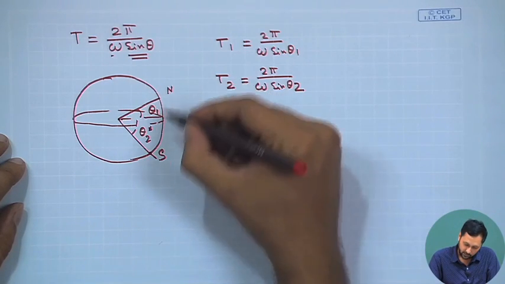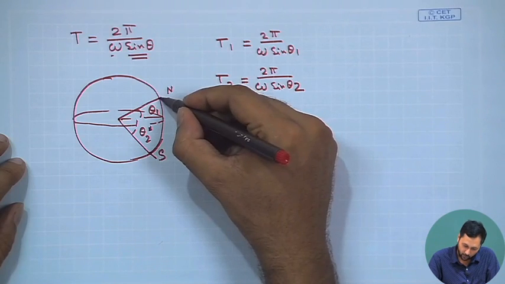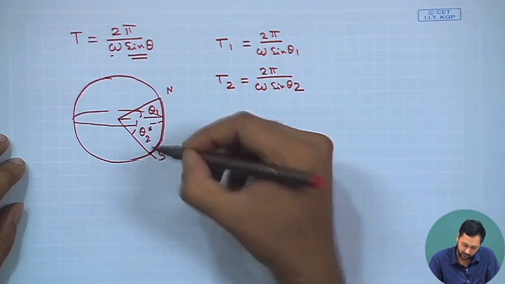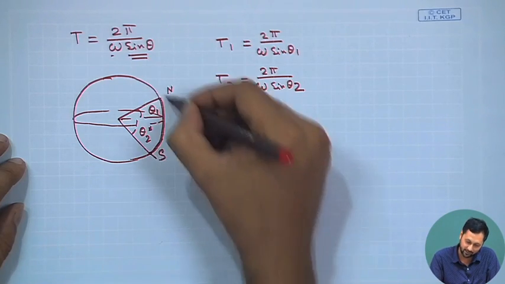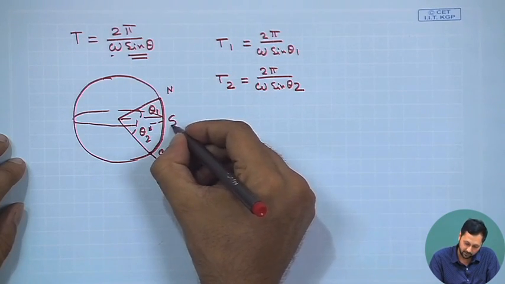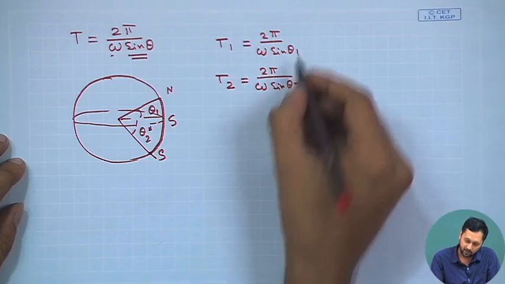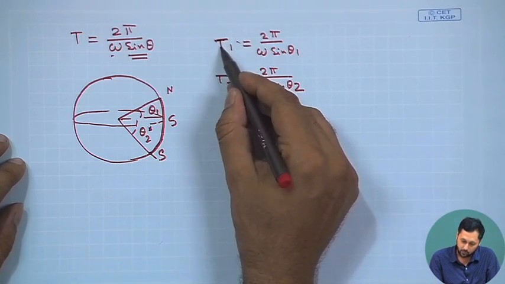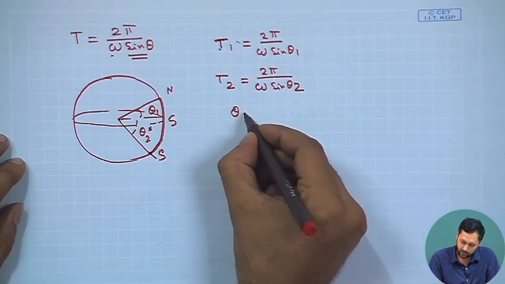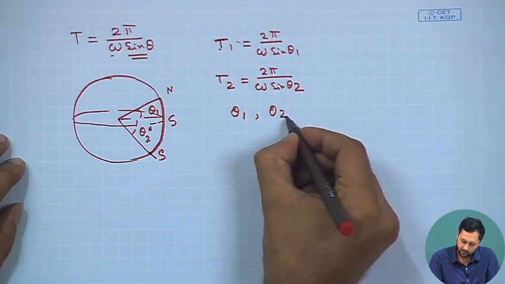Now, if you know the exact distance along the earth between these two places, the arc length, let us say S, then from these two experiments T1 and T2, we can immediately calculate theta 1 and theta 2.